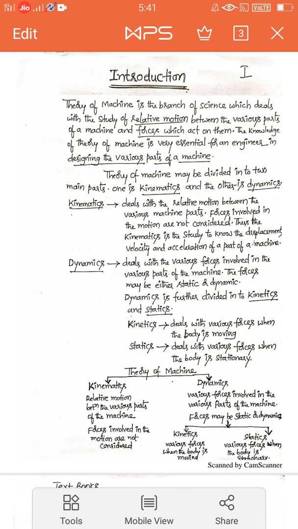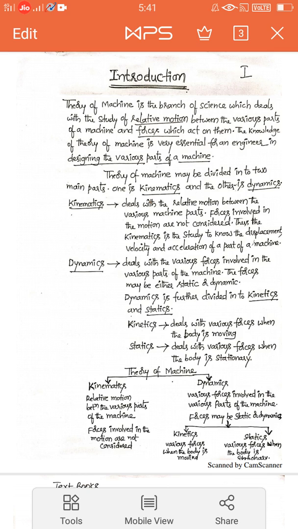Then, what is meant by inversion, what is the use or the purpose of inversion, and what are the different inversions of the various kinematic chains, followed by straight line motion mechanisms.